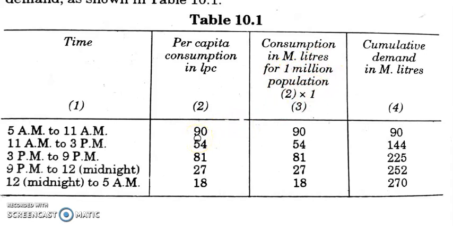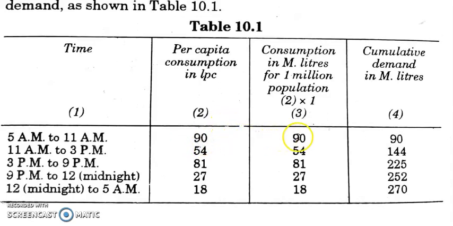So you have to find out how much quantity of water is supplied between 5 am to 11 am. So this is 90 into population, LPCD, that is rate of water supply into population. So 90 into population of 10⁶. Instead of writing like that, we will write 90 million liters.